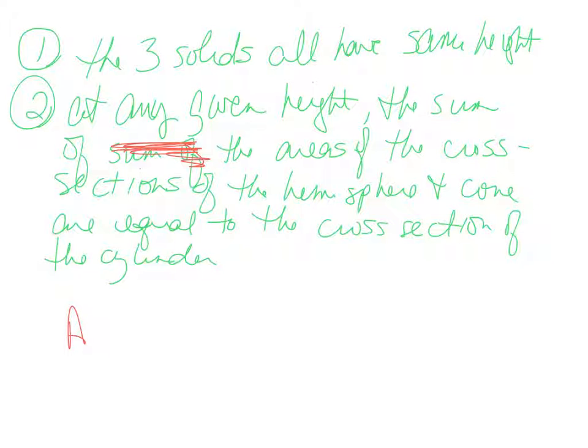So the area of the hemisphere and the area of the cone, which that was T, is equal to the area of the cylinder, which was S. Sorry about that.